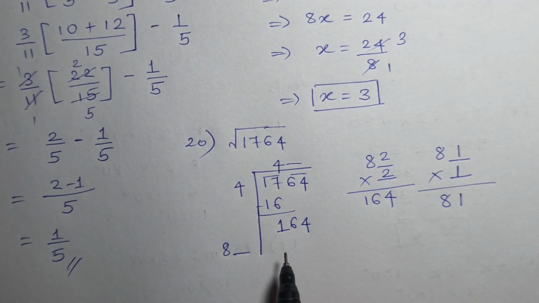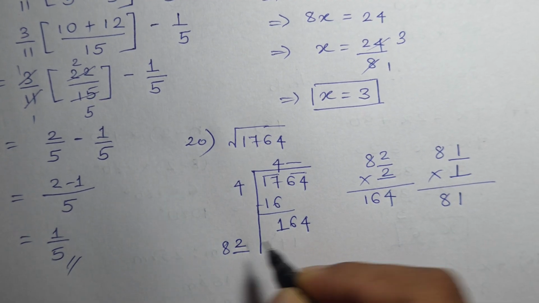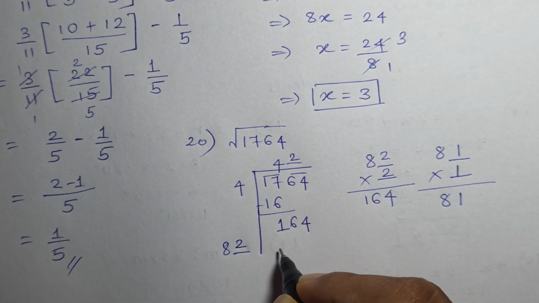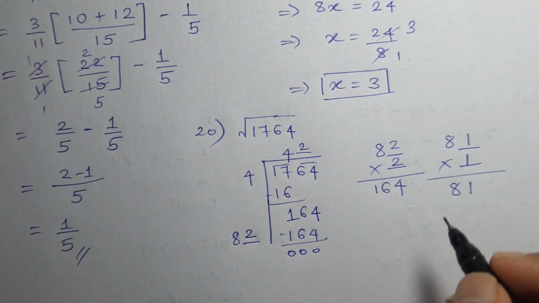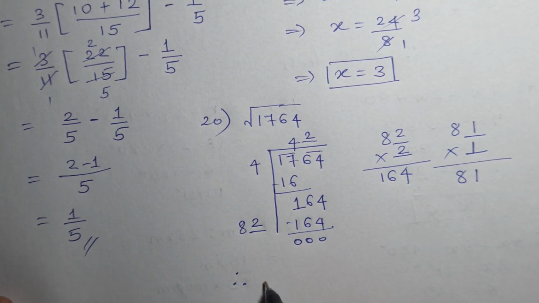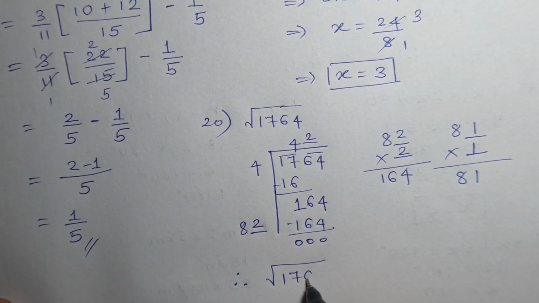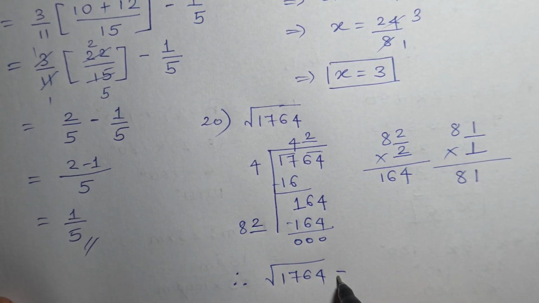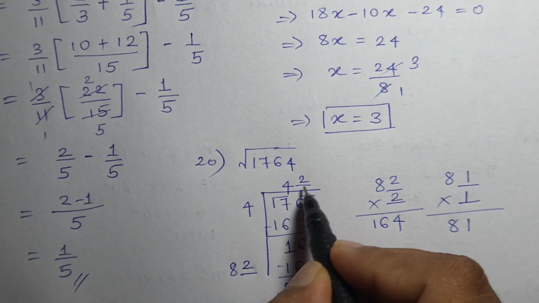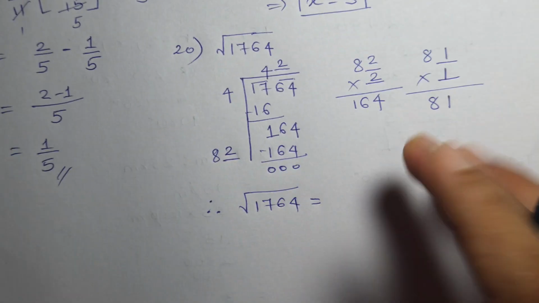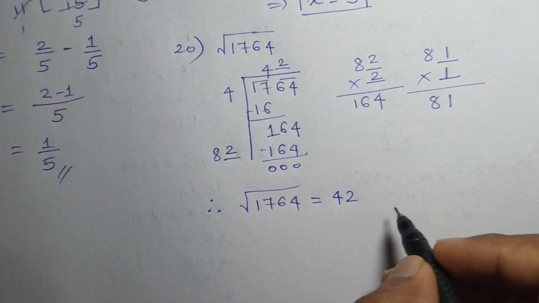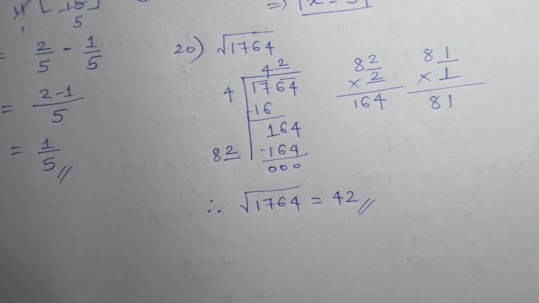Is it giving me 164? Yes. So it is 2. So again here 2. So 164, so 0. So therefore the root of 1764 is, what is the answer that we have got? 42. That's your answer.